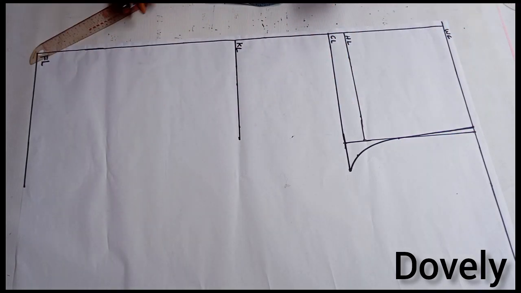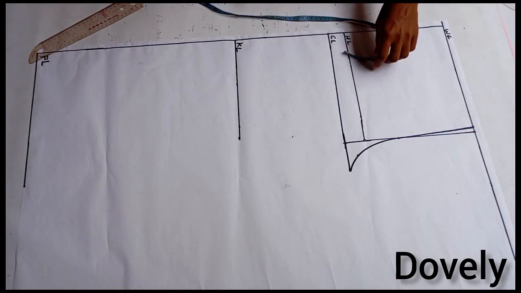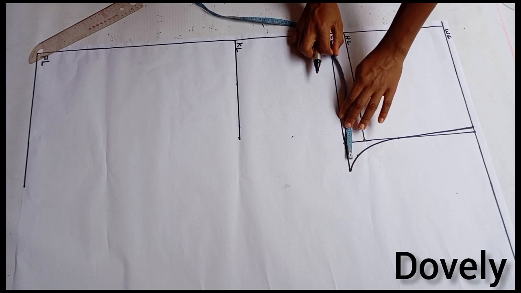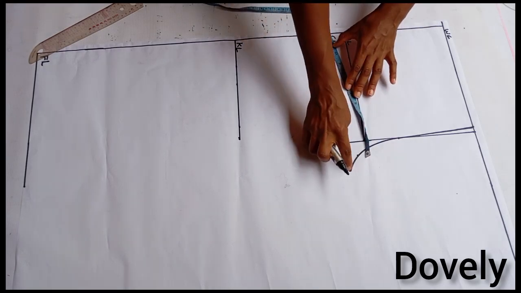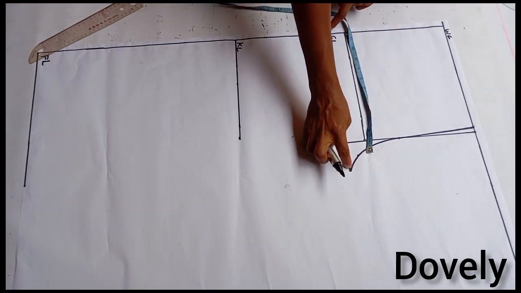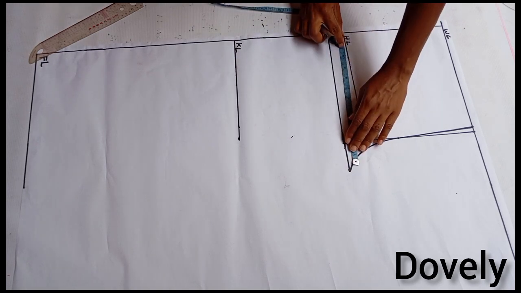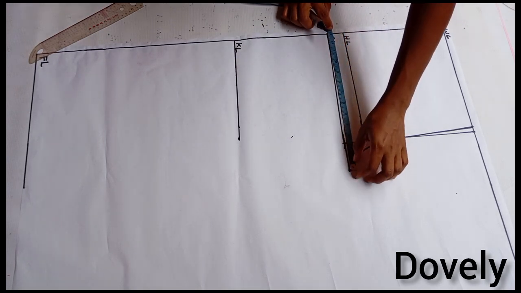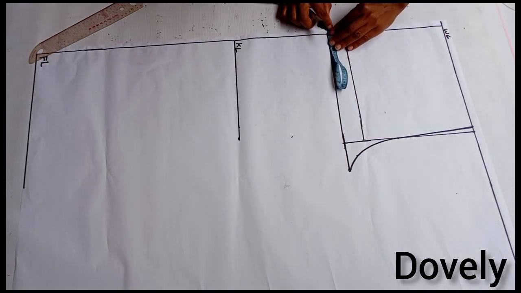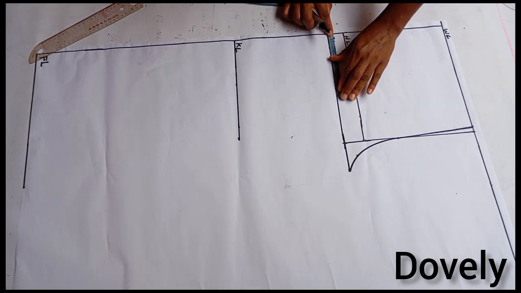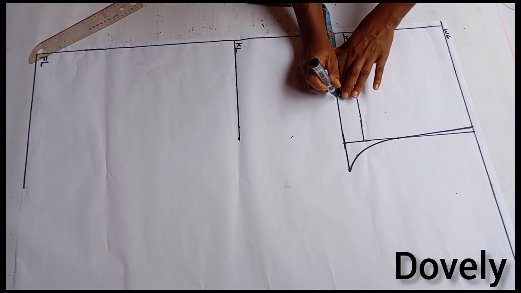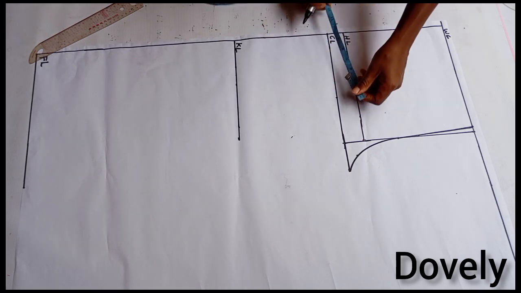So next is that I'm going to insert my grain line on my pattern paper, and to do that I need to get the midpoint of this crotch depth and mark. We are using 13 inches, so the midpoint should be around 6.5.